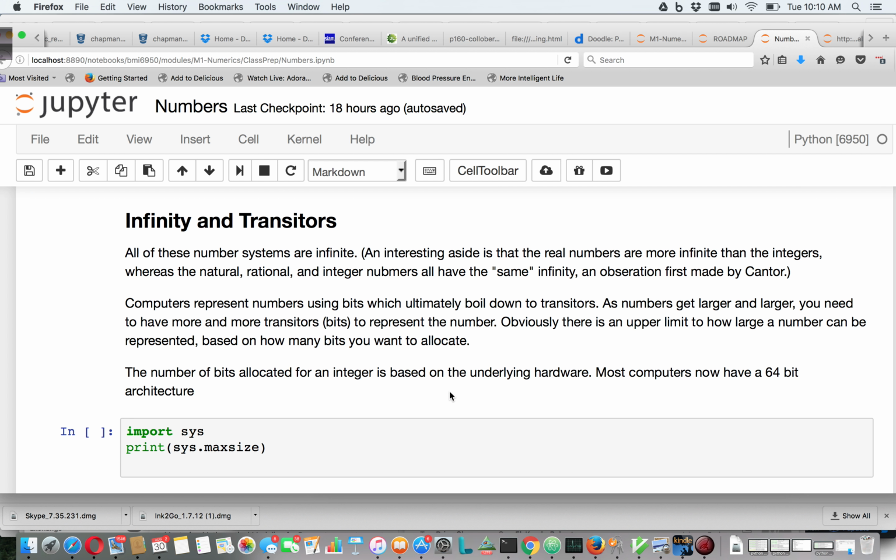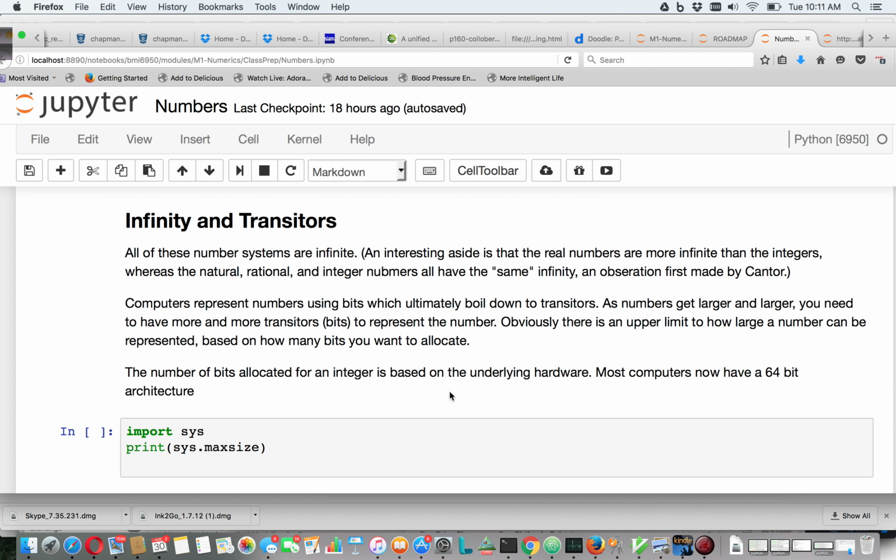With computers, so the integers, there's no largest integer. We can always generate another integer that's larger by adding 1. And similarly with real numbers and complex numbers, there are an infinite number of them.